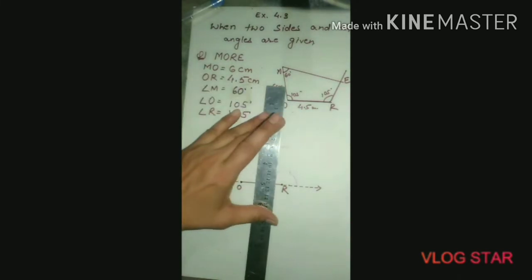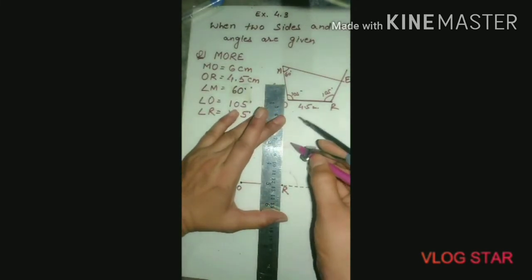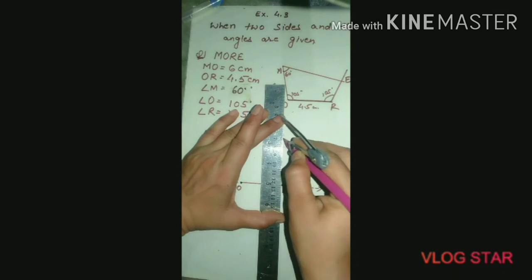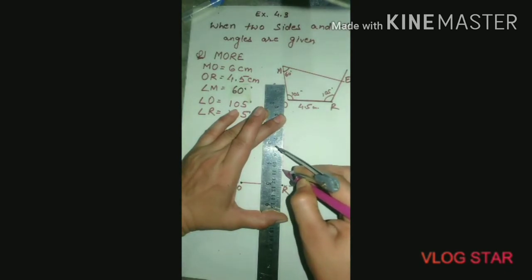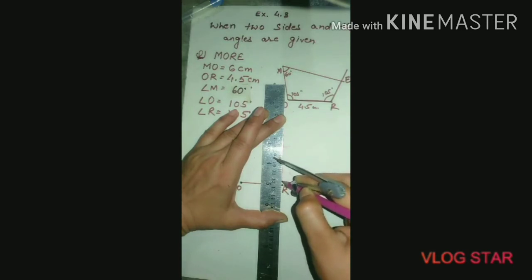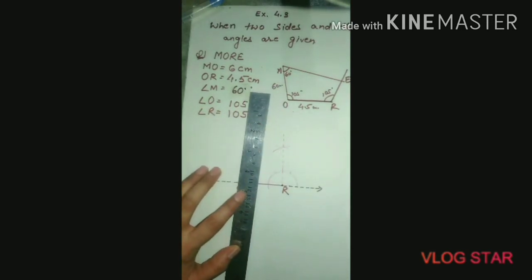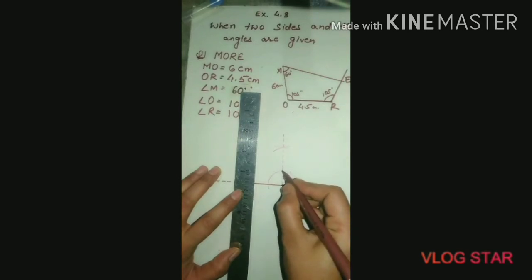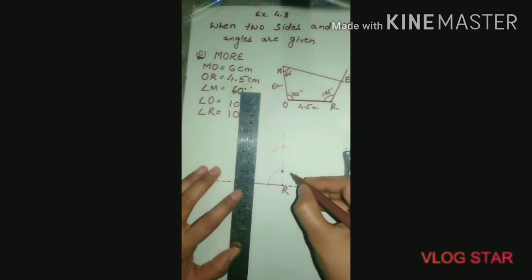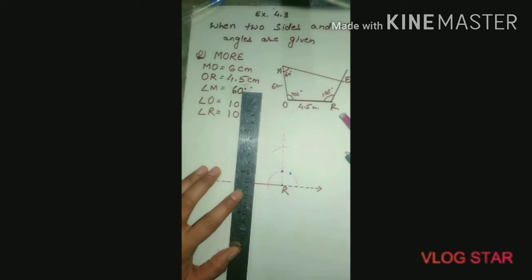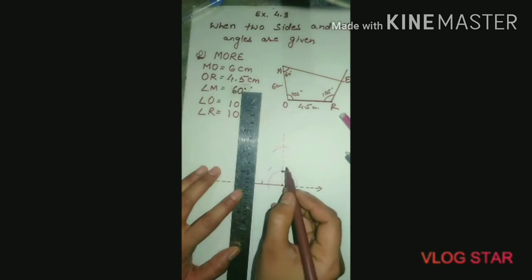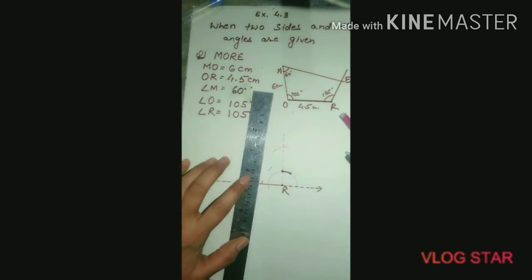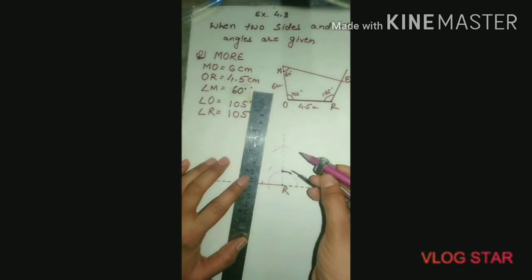Then join it with the point O. Now for this one, this point of 90 degree and this point of 120 degree, this segment you have to bisect, so that this is 90 plus 15. So this segment you have to bisect.